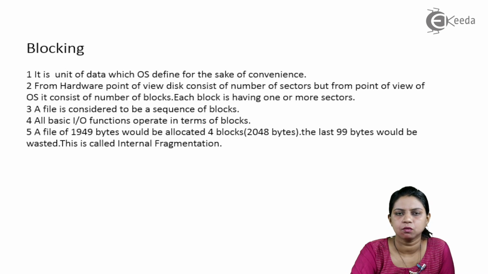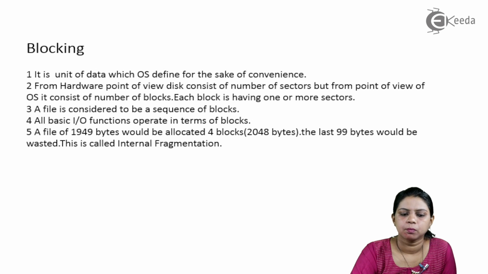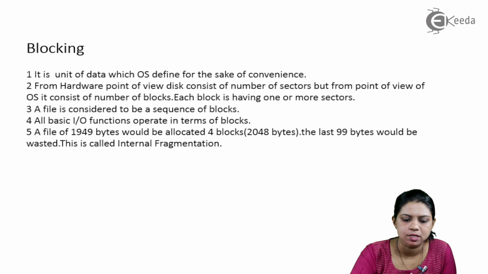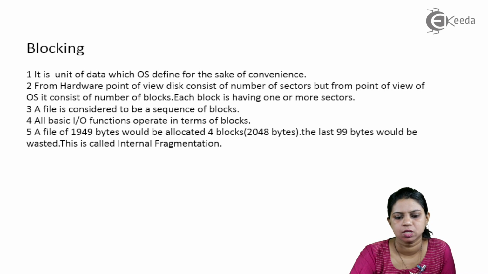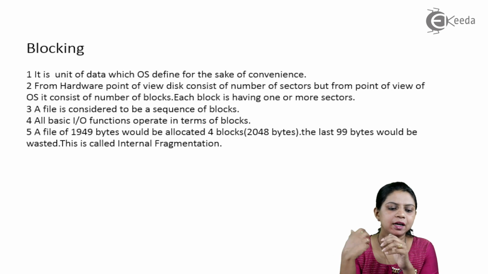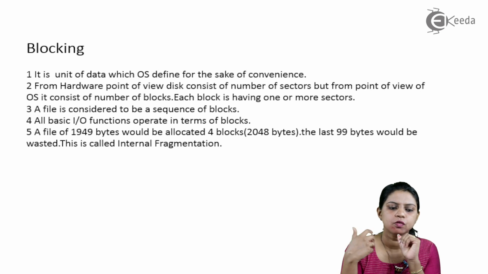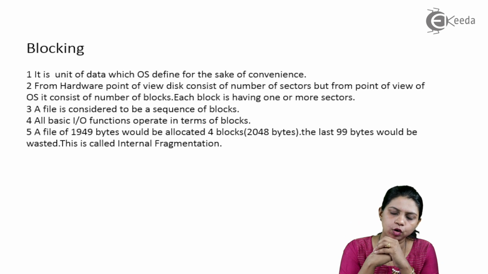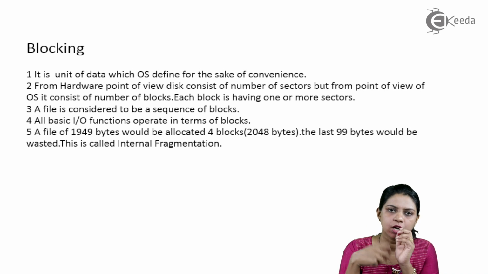Next, we will see what blocking is. It is a unit of data which the operating system defines for the sake of convenience. From the hardware point of view, a disk consists of sectors, but from the point of view of the OS, a disk consists of blocks, and each block has one or more sectors.